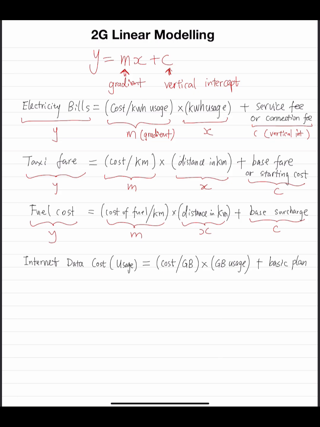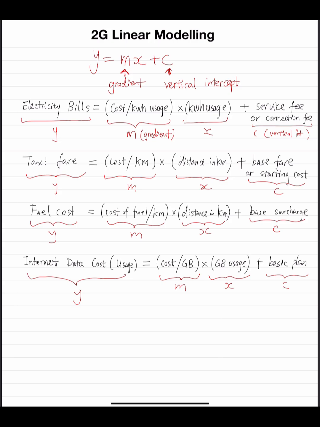This basic plan is still implemented in your phone data contract. If your phone plan doesn't offer unlimited data, the basic plan offers a certain amount of data usage. Anything beyond that will have extra cost, so the total internet cost depends on how much data you use. Again, this is your c, this is your x, this is your gradient, and this one here is your y.